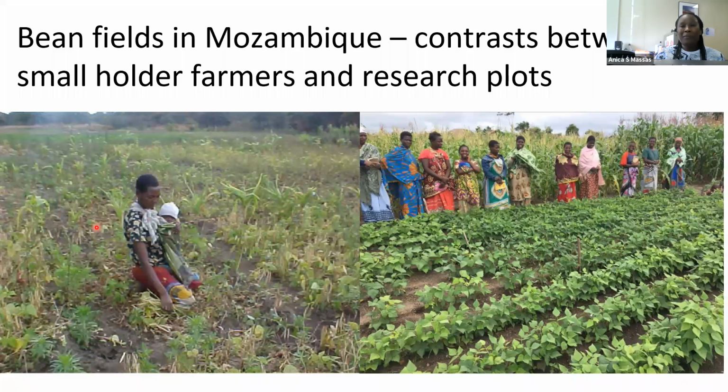At the end of the day, the men come there and take their yield and go and sell. The men are responsible for selling all the products, going to the market and selling all the products.